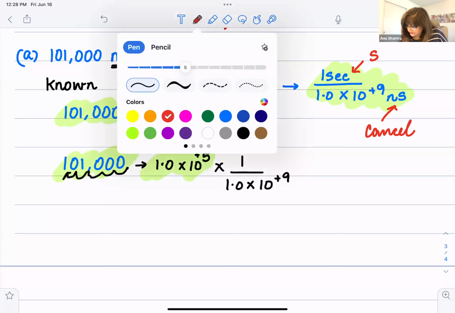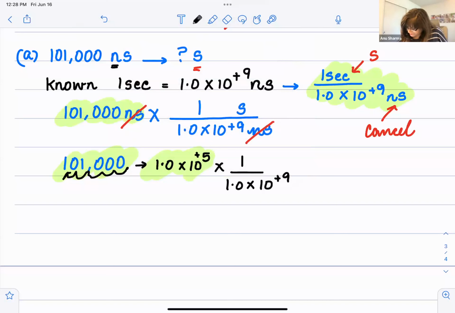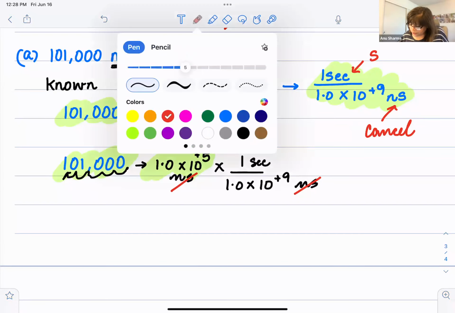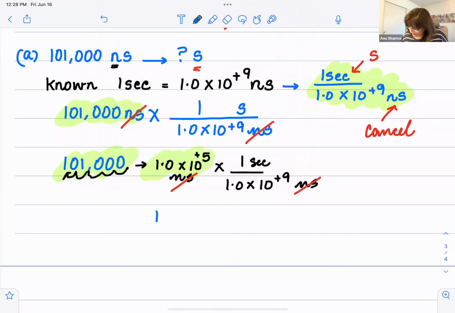So next, you just set up the problem. This is the nanosecond, this is the nanosecond, and this is the second. So here the nanoseconds and nanosecond cancel out. And now you can do it on the calculator, but if you want to do it manually, this becomes 1.0 times 10 to the power plus 5, times 1.0 times 10 to the power negative 9.